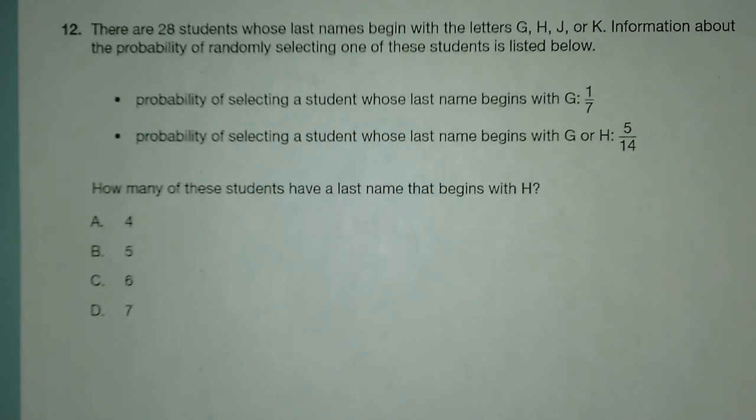The probability of selecting a student whose last name begins with G is 1 out of 7. The probability of selecting a student whose last name begins with G or H is 5 out of 14. How many of these students have a last name that begins with H?